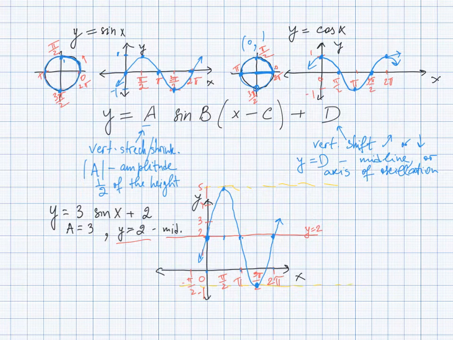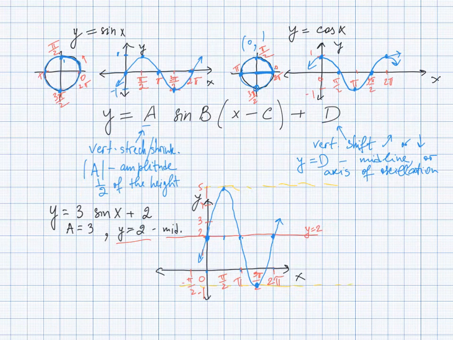But if you understand how these control numbers work, we don't really need to think about transformations anymore. We just fit our basic sine curve, or cosine, the same way, into these horizontal and vertical boundaries. One full cycle and maximum and minimum.